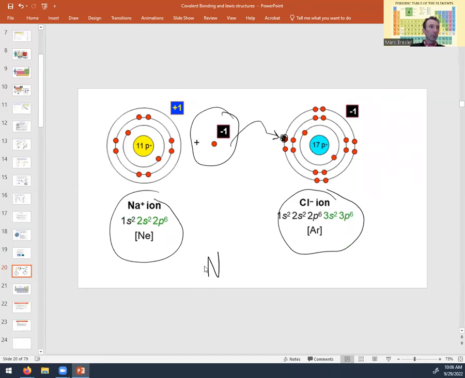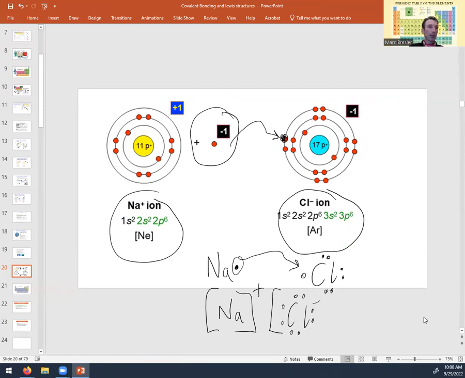So like sodium, if you draw the simple Lewis structure, and chlorine, 7 electrons, 1, 2, 3, 4, 5, 6, 7. It wants that octet. Sodium will give the electron away, and you'll get Na plus, and then Cl minus, 1, 2, 3, 4, 5, 6, 7, 8.